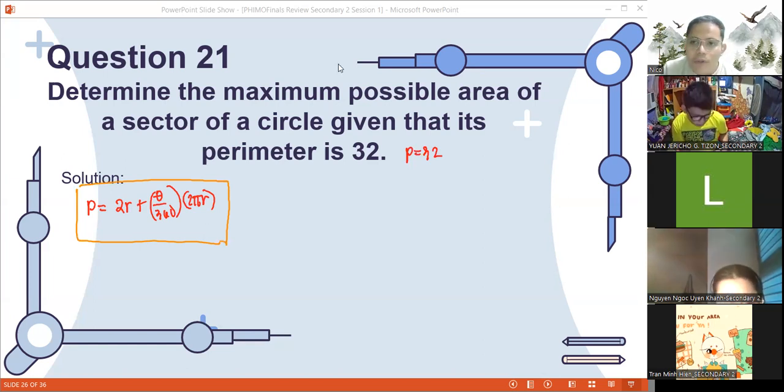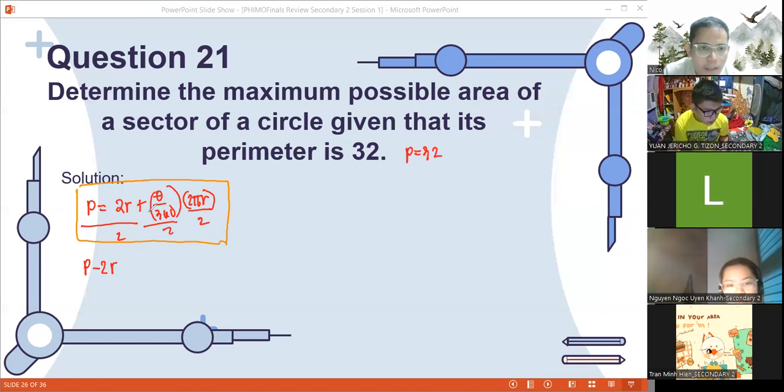Now, what are some conditions that we need to remember? So we can have this one as 2r, right? So let's rewrite this one as P minus 2r. And then we divide everything by 2. It becomes (P minus 2r) over 2 equal to theta over 360 times pi r.